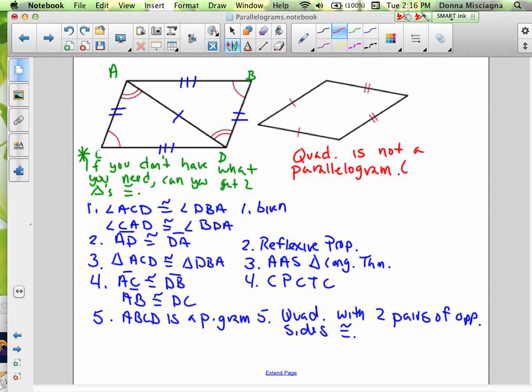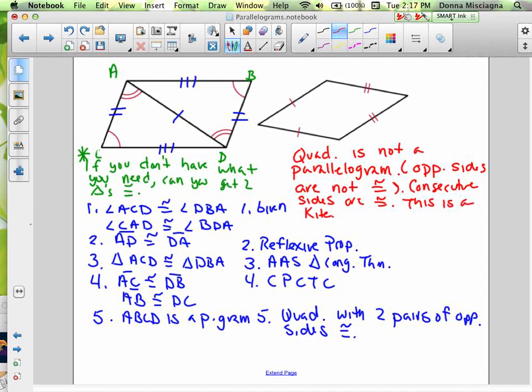And that's because it is clear that the opposite sides are not congruent. Right? What we have instead, we have consecutive sides congruent. This is a kite. This is just a kite.